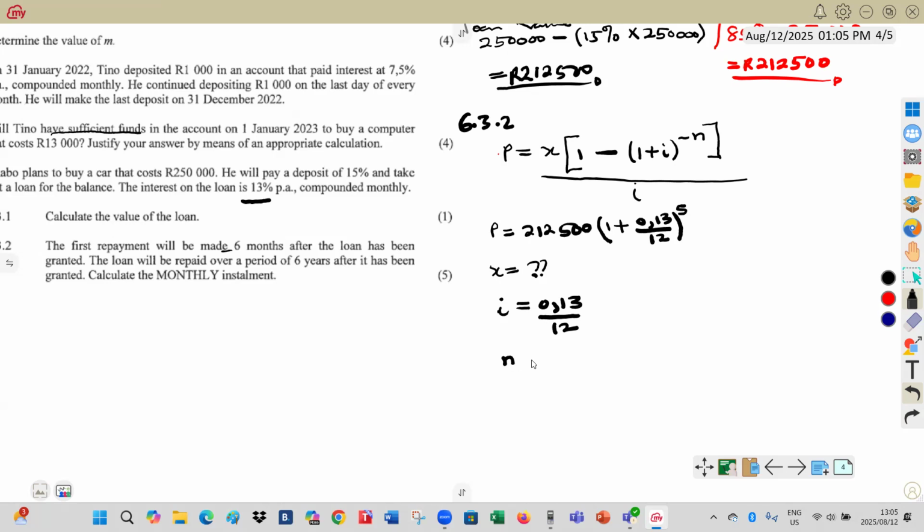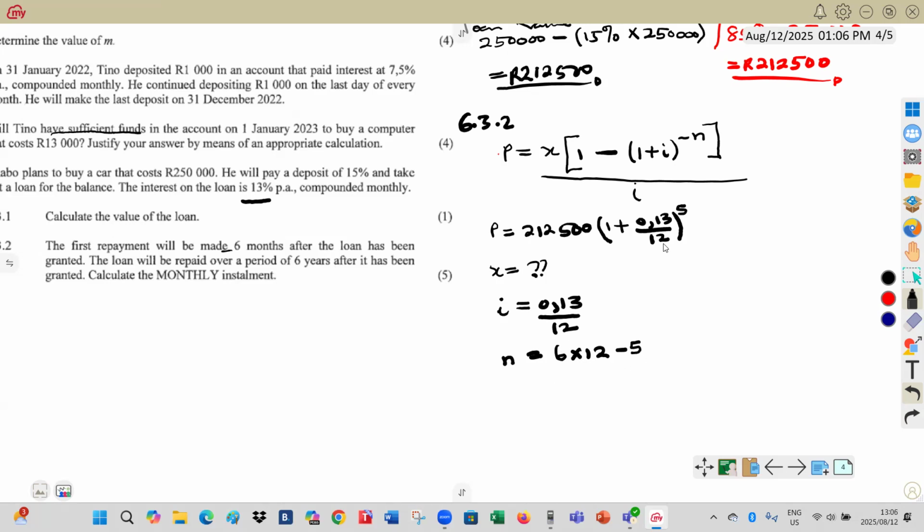Then our n, you are told that the loan will be repaid over a period of 6 years after it has been granted. So we count 6 years from when it was granted. So how many payments? Because n is representing the number of payments. So it's 6 years multiplied by 12 monthly payments. But we have to subtract the 5 months which we delayed by.